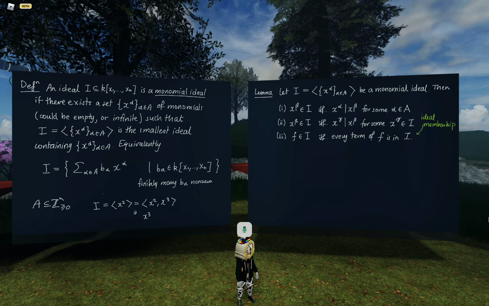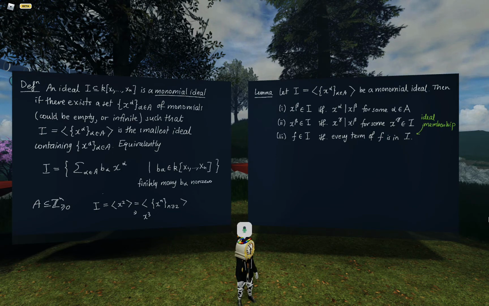Now, I could generate this with infinitely many monomials if I want, right? So this is generated by all the powers of x greater than or equal to 2. So that's an infinite generating set. There's also a finite generating set. So just because I happen to introduce a monomial ideal with an infinite set of monomials doesn't mean I can't generate it with a finite set.